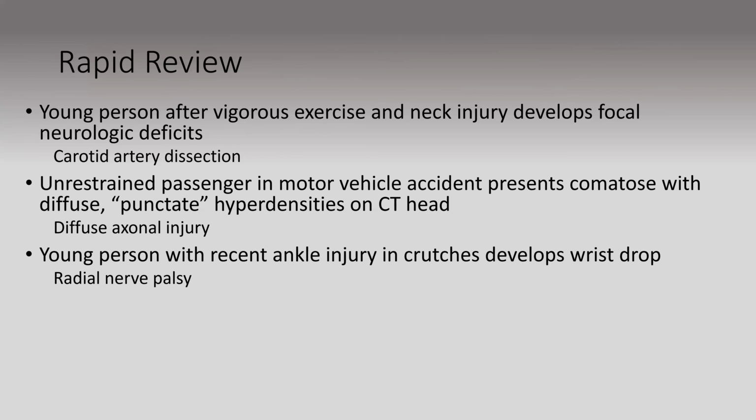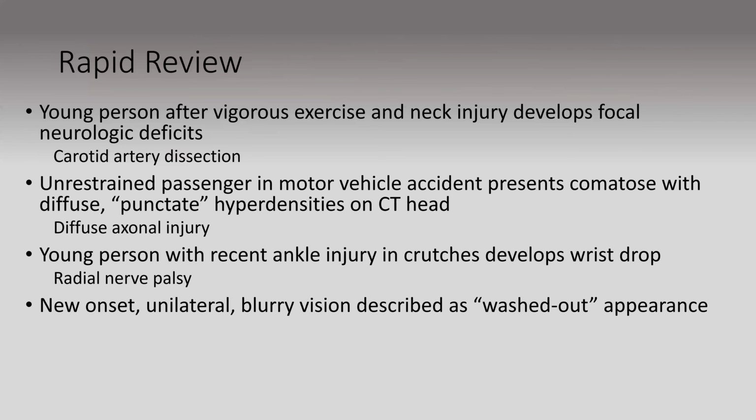Crutches go with high pressure and stay chronically in the armpit, and so this can compress the radial nerve. The radial nerve is responsible for wrist extension, so when you paralyze the radial nerve, you get wrist drop. So this can happen in a person on crutches. It can happen in an alcoholic. It can happen in someone who passes out and lays their arm across a chair all night and compresses the underside of their humerus, and so on and so forth. You can think of various ways to cause radial nerve palsy.